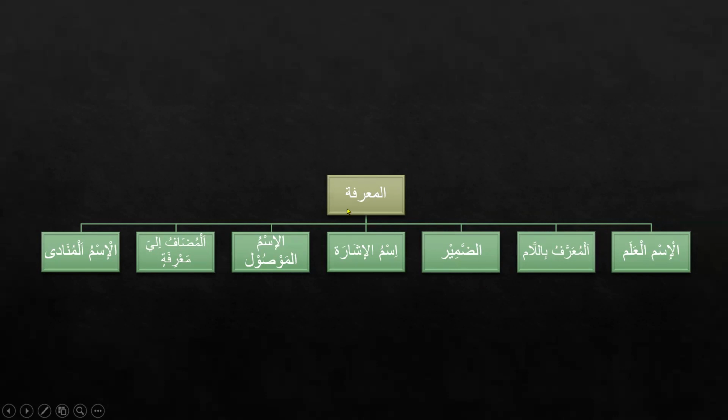They are all under the category of Marifa, the proper nouns, right? So Ad-Damir are nouns, another category of ism. They are all ism. So please remember this point, because it is going to help us a lot.